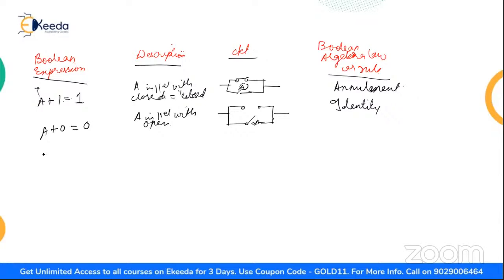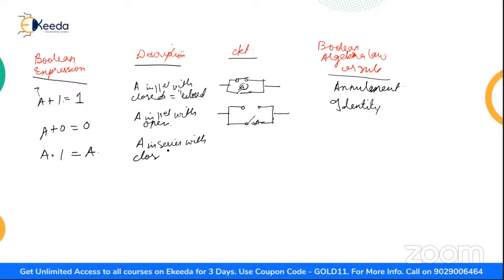Identity law. Okay, A multiplied by 1, A dot 1. You cannot write X because it is using K maps. So A dot 1 is A multiplied by 1. So this is A in series with 1, with closed.